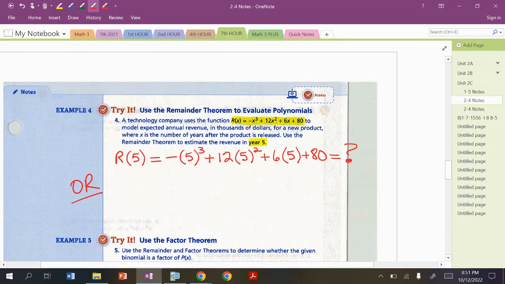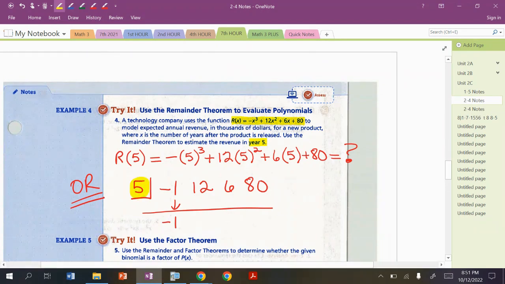But the remainder theorem says there's an easier way to do this. We're going to put that 5 in as our divisor and set up synthetic division, and that's a lot easier. We drop the -1. Remember, always multiply with this 5. We multiply -1 and that value goes here.